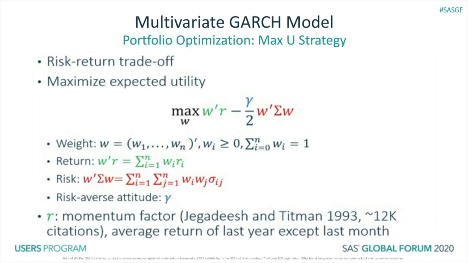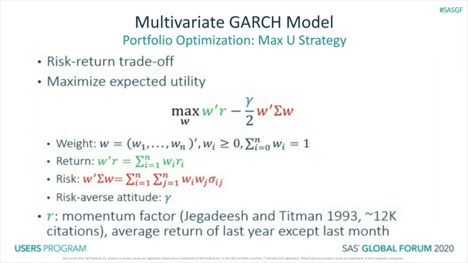For trading, most of the time it should be a risk and return trade-off. Here we use one objective function. We want to maximize the return and at the same time minimize the risk. To balance them, gamma is about your risk-averse attitude, and putting them together, now you have just one objective.